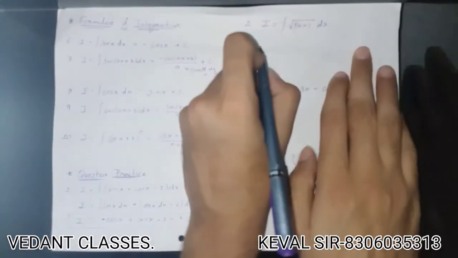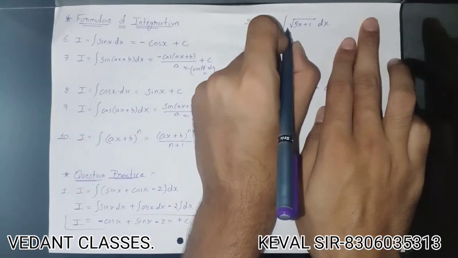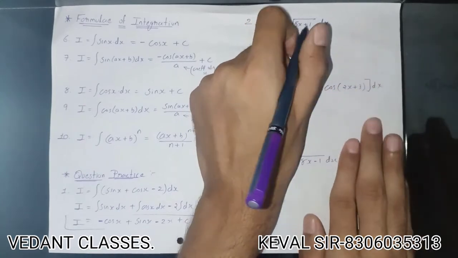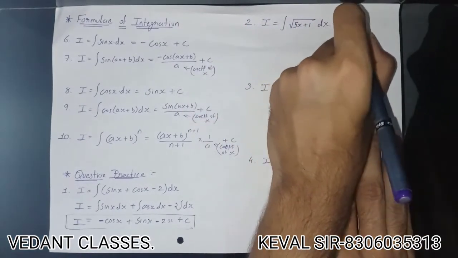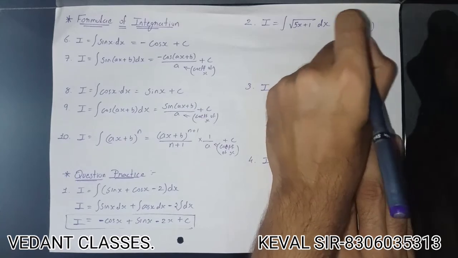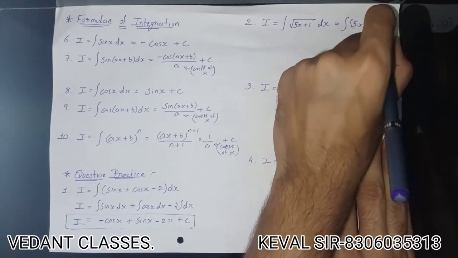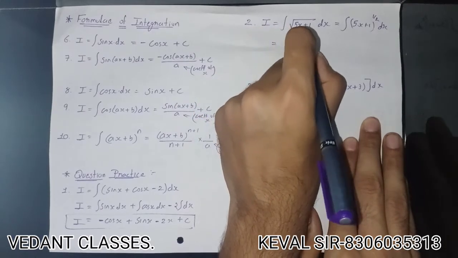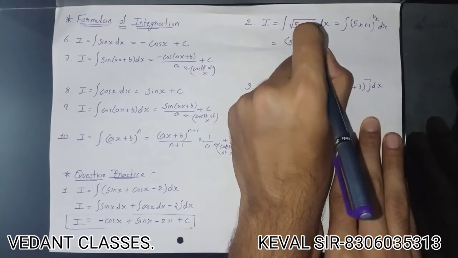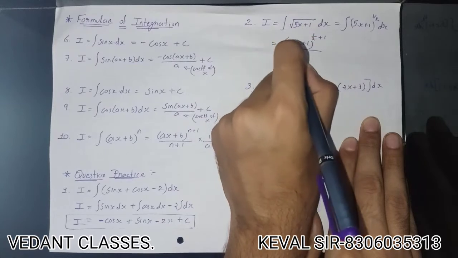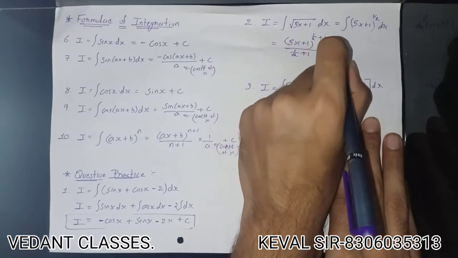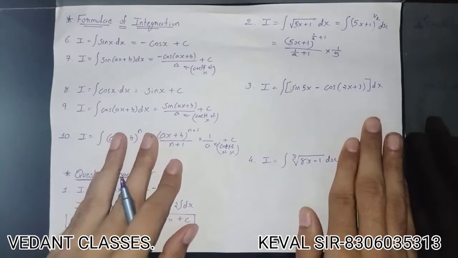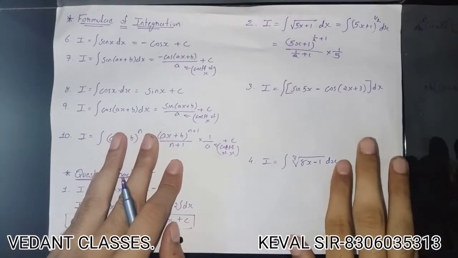See, this question is like this: integration of root of 5x plus 1. So can we write it like this, root of 5x plus 1, so it will be the power 1 by 2, dx. Okay, so now apply the rule: 5x plus 1 raised to 1 by 2 plus 1, upon 1 by 2 plus 1, into 1 by 5. You need to multiply the term with the coefficient of x.